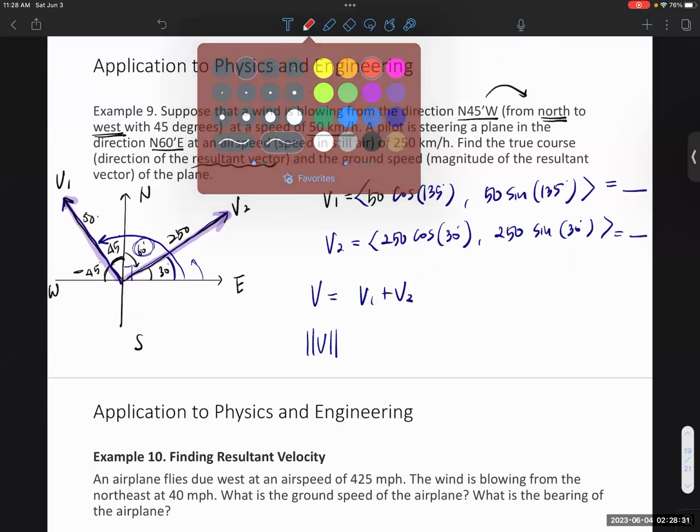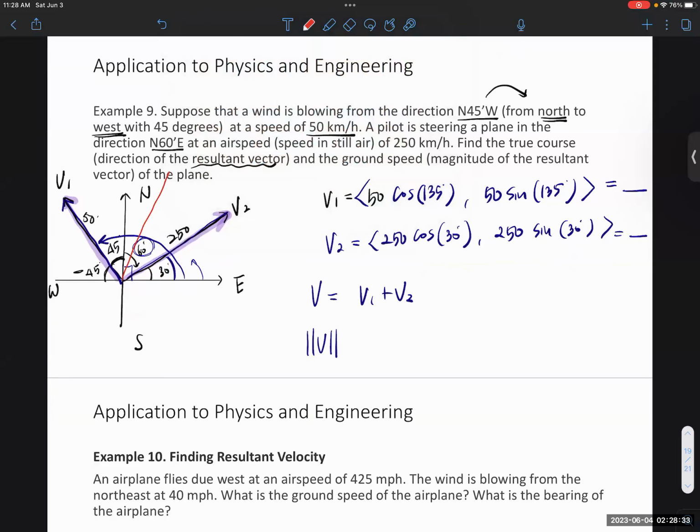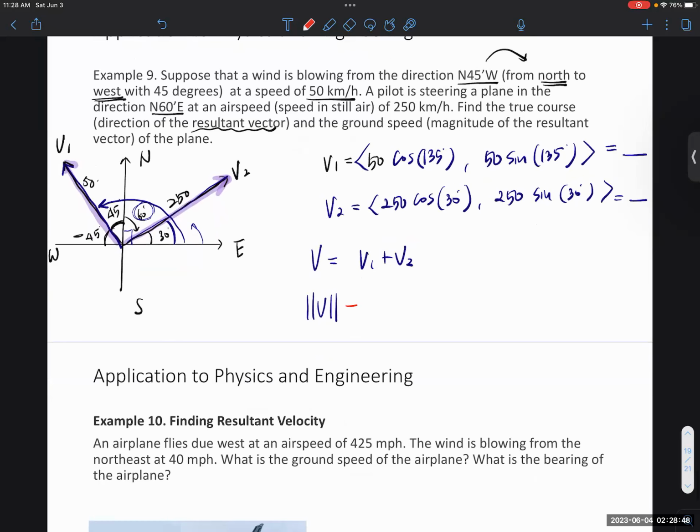The resultant is going to be somewhere here. We need to find it out. The two vectors, the summation will be somewhere. We don't know, so you can think about it. Once you find the magnitude, also find the angle of the vector. You're going to get a very small angle.